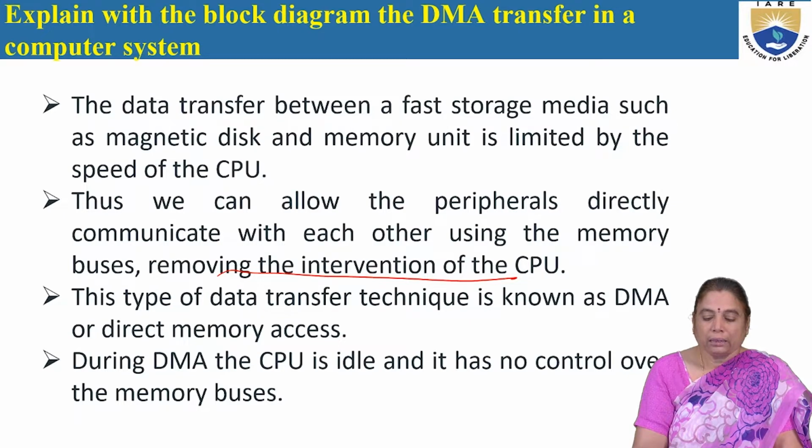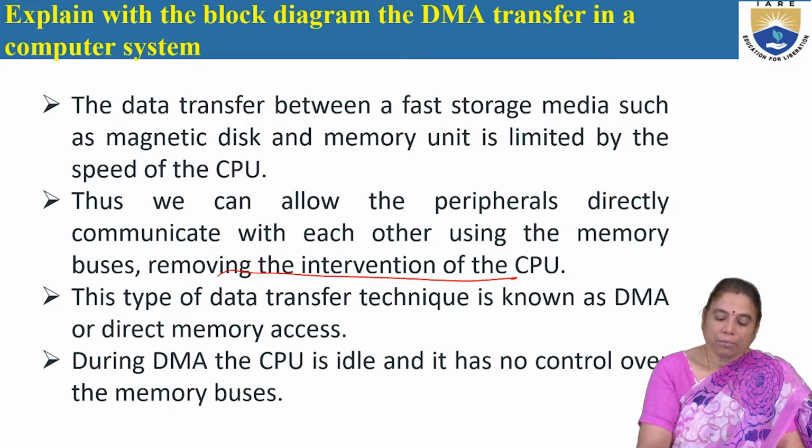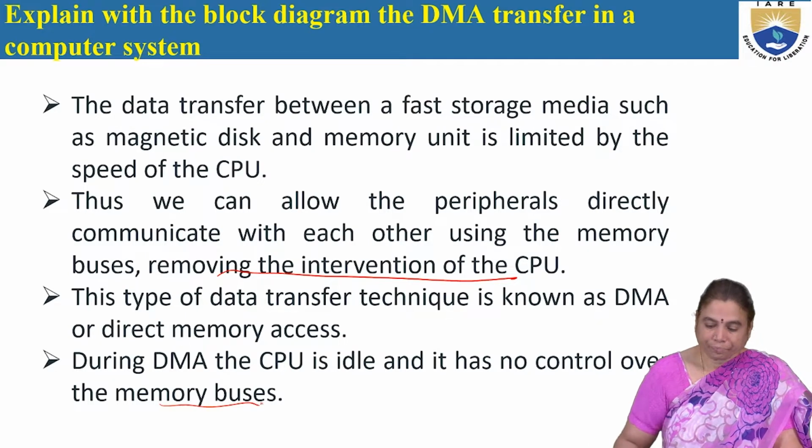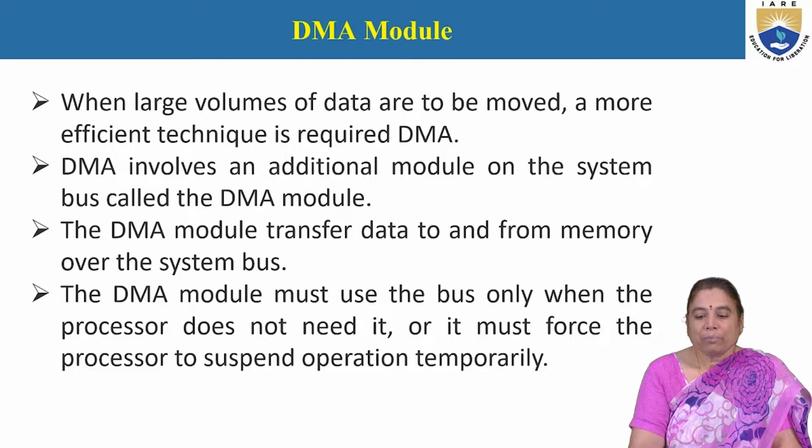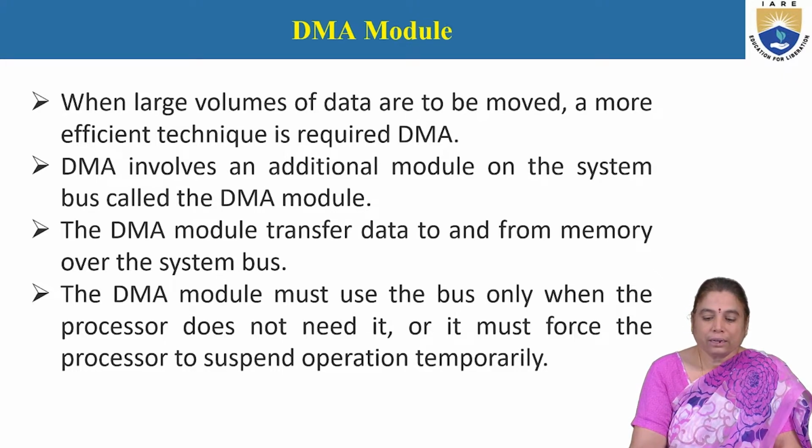During DMA, the CPU is idle and has no control over the memory buses. Here a DMA module is responsible for the initiation of the DMA data transfer. When large volumes of data are to be moved, a more efficient technique that can be used is DMA.